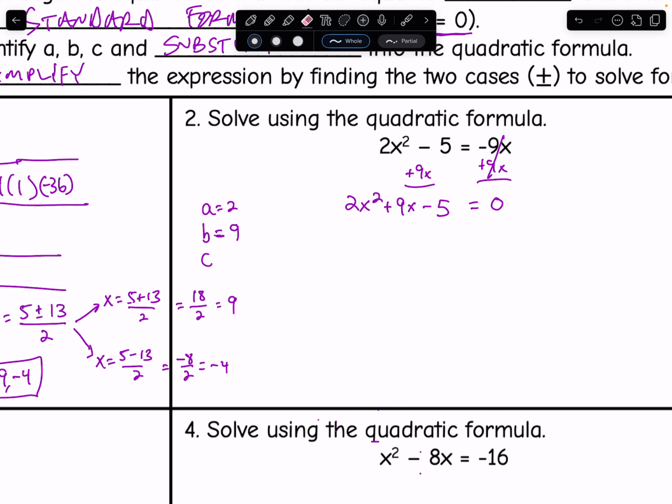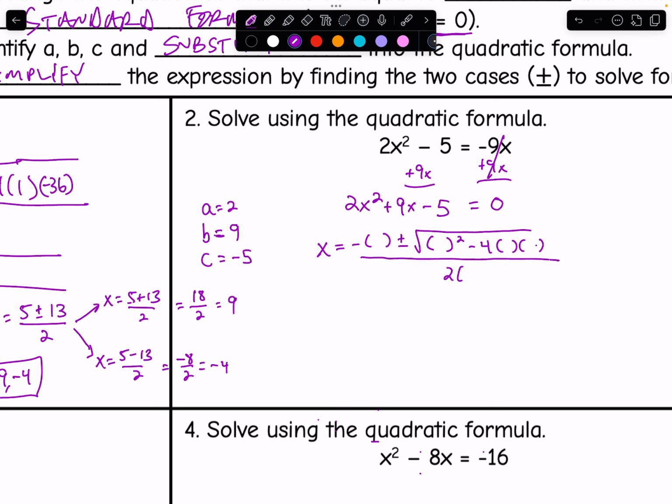My c equals negative 5. So I go x equals negative b plus or minus the square root of b squared minus 4a times c all over 2a.